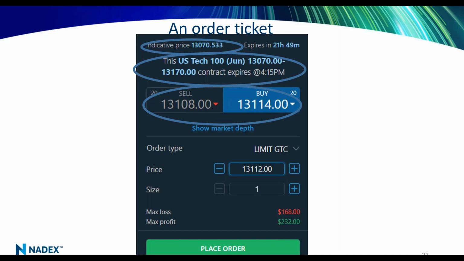I'd have a knockout price right around that. Notice that the price for this call spread is well above 13,070. It's trading 13,108 bid at 13,114. Let's just make it 13,110. That's 40 points higher. There's 40 points of premium in the call spread.